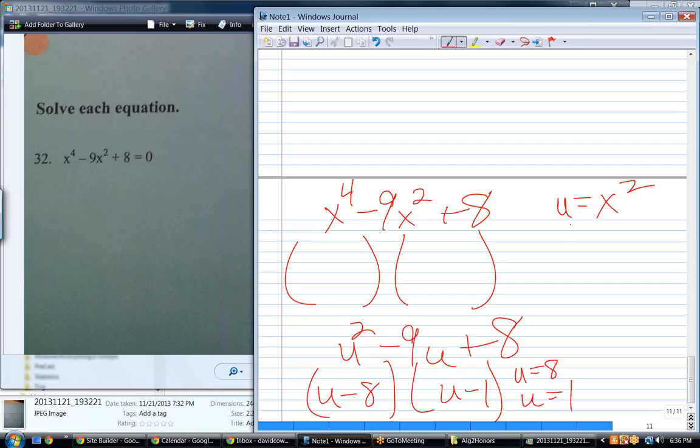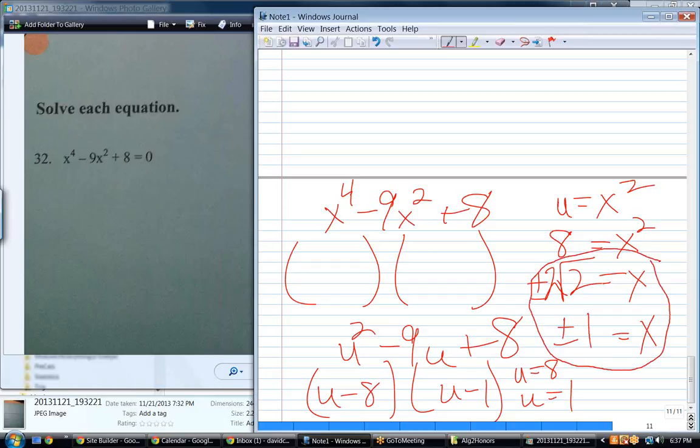I plug them back into the quadratic, start with 8. 8 equals x squared. x equals plus or minus the square root of 8, which is 2 root 2. When I plug in the 1 for u, I get x equals plus or minus 1. Notice I have 4 solutions, and you should generally have the same number of solutions as the degree of the polynomial.